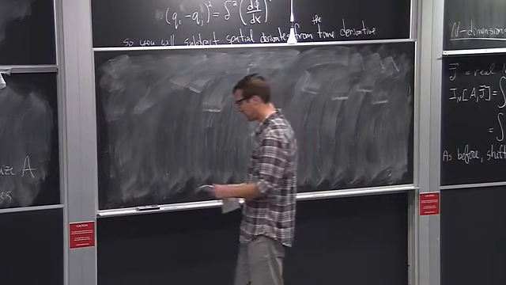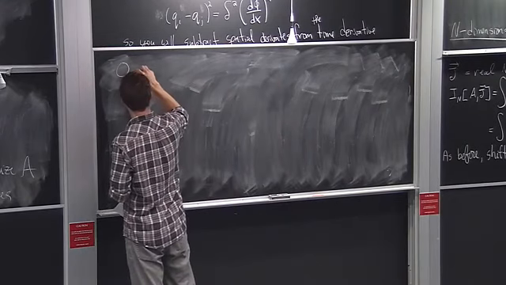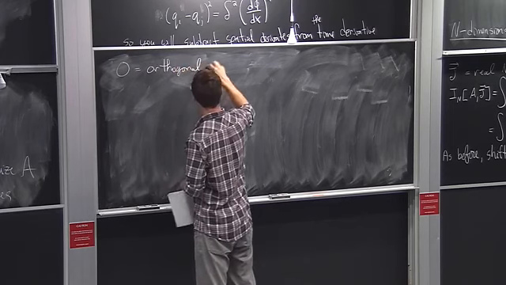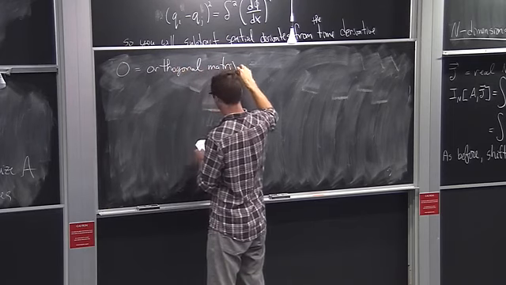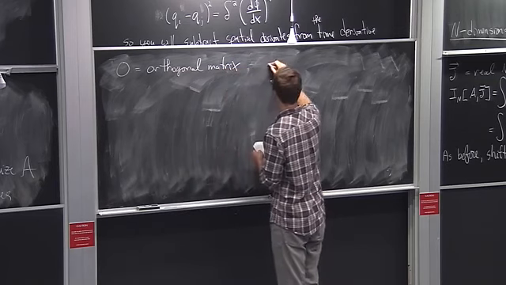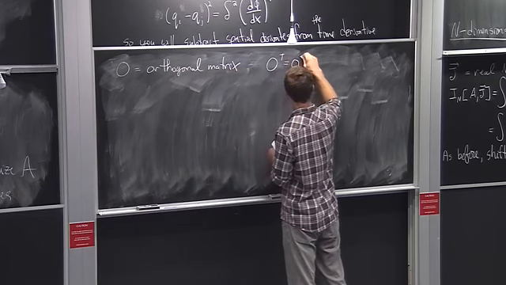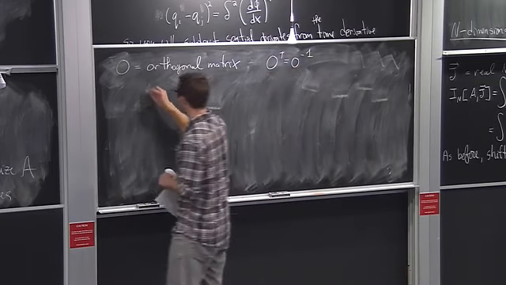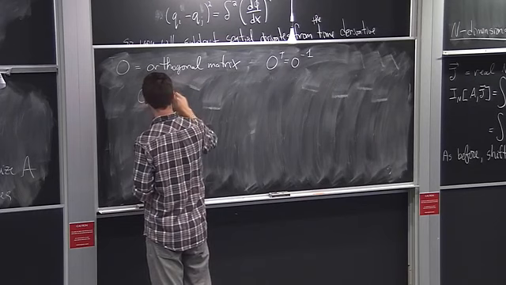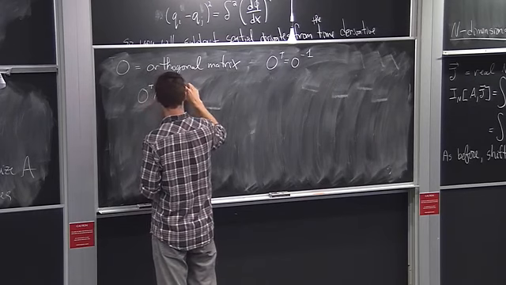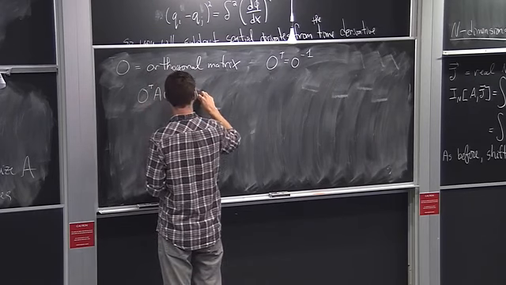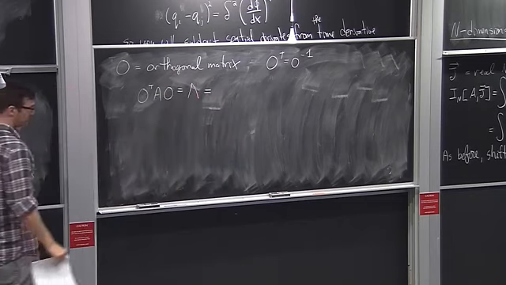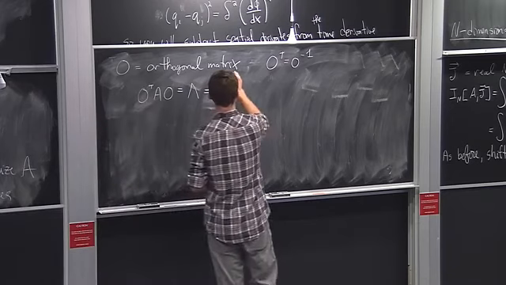So let me call it O. It's real, so the transpose is the inverse. So O transpose A O, we'll call that big lambda, which has eigenvalues small lambda. So it's diagonal.